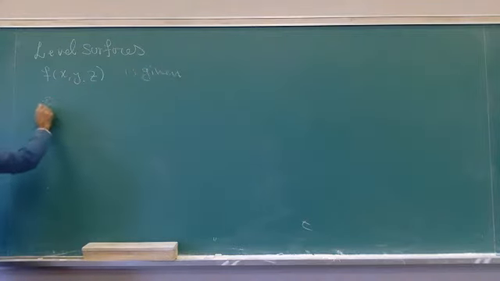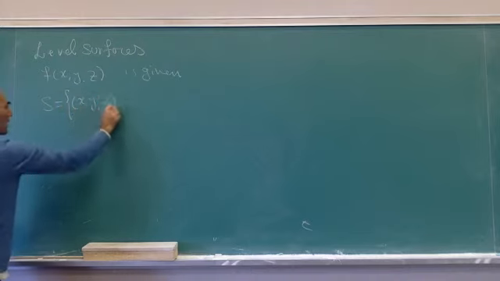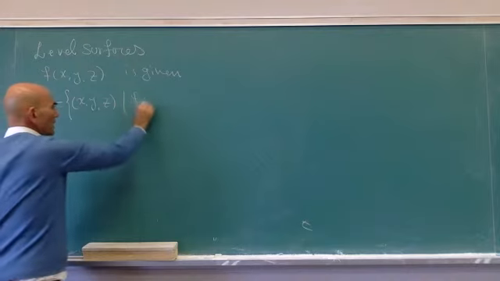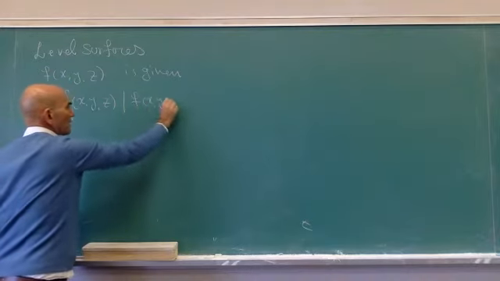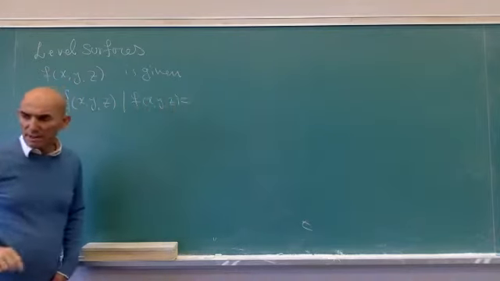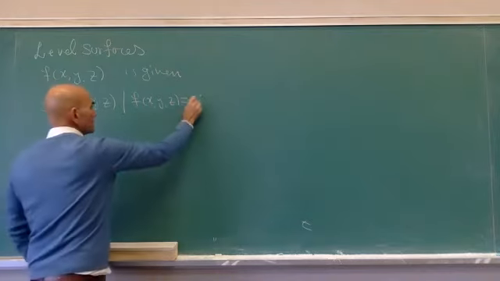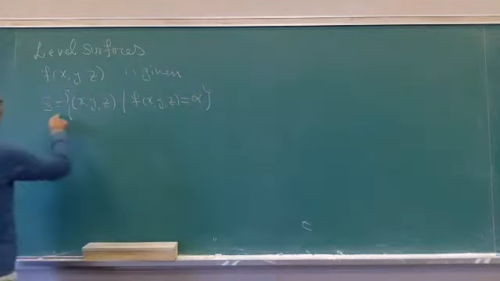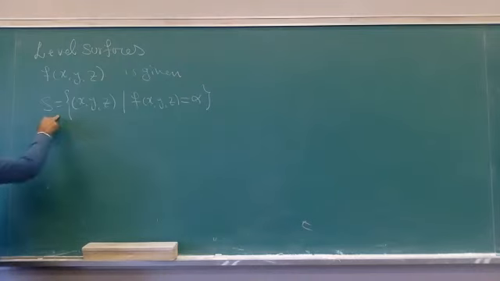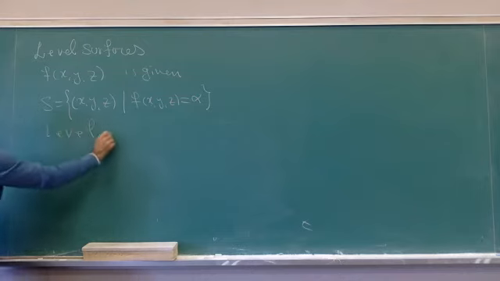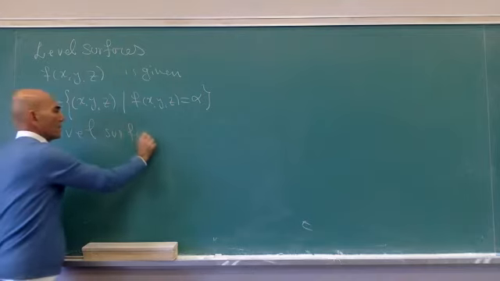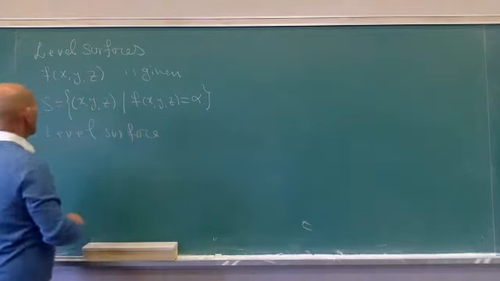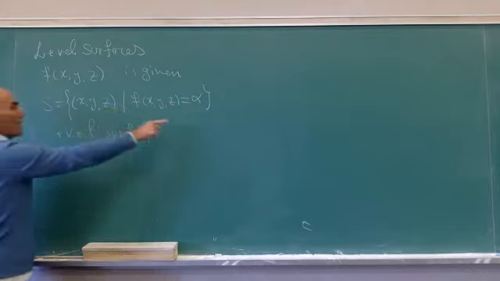And then S is equal to the set of all x, y, z such that f of x, y, z takes some constant value alpha. This set is called the level surface of function f corresponding to value alpha.